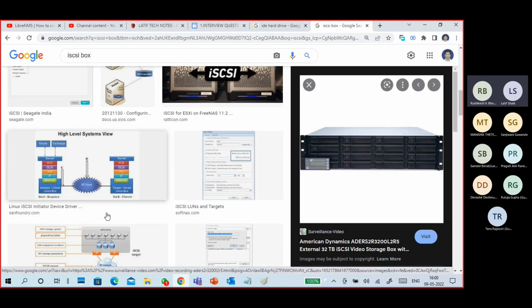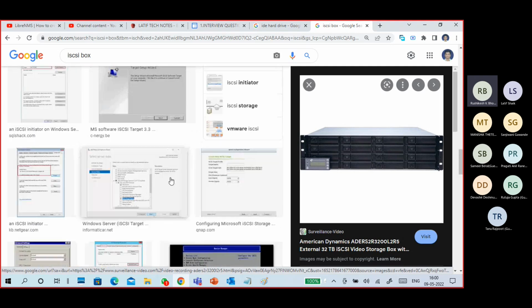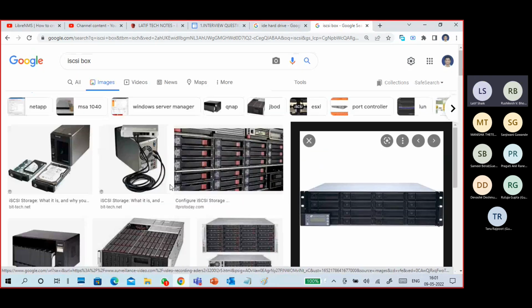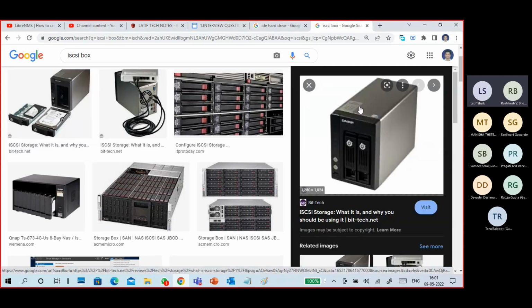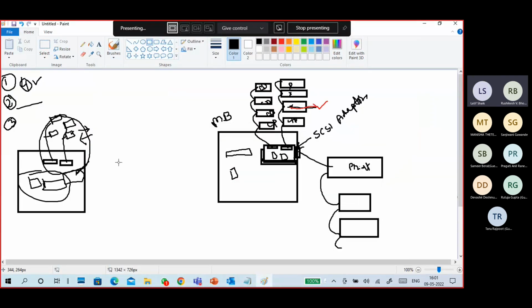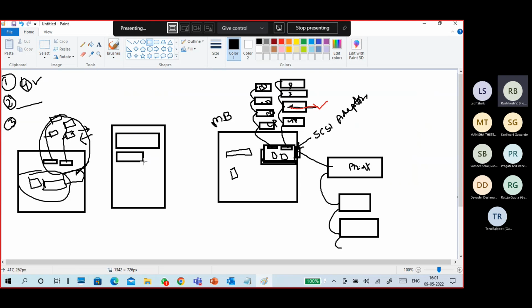What is the use of these boxes? I will tell you. This is an iSCSI box, an empty box. Inside we insert a disk. It is hot swappable: whenever we want it, we connect it; whenever we don't want it, we disconnect it.